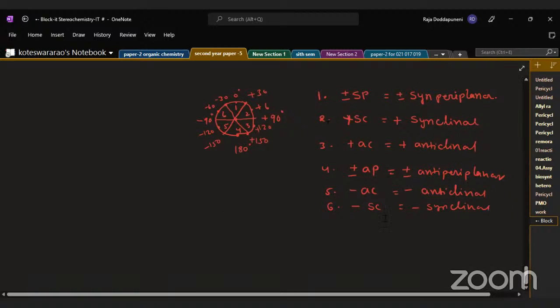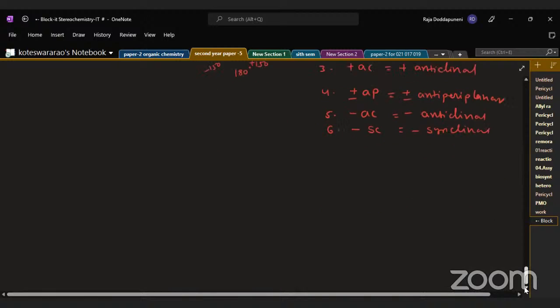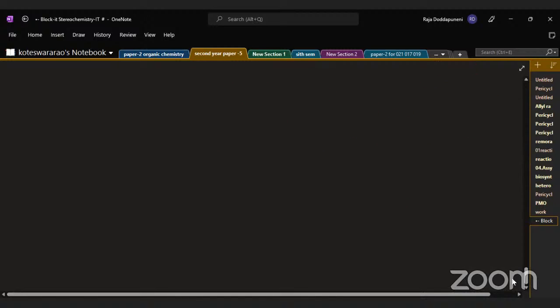Here, all these things I'm making into a small table. The first column is the torsional angle. After assigning the torsional angle, we need to assign the designation and a symbol.